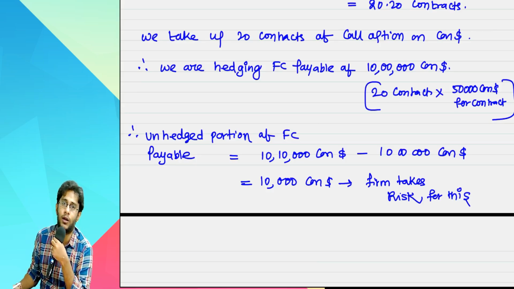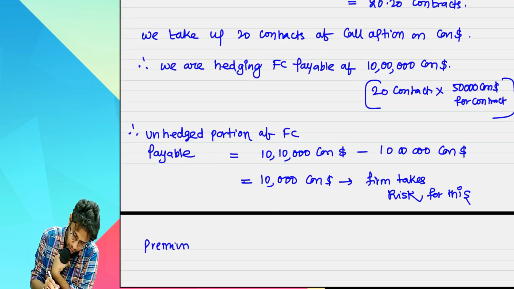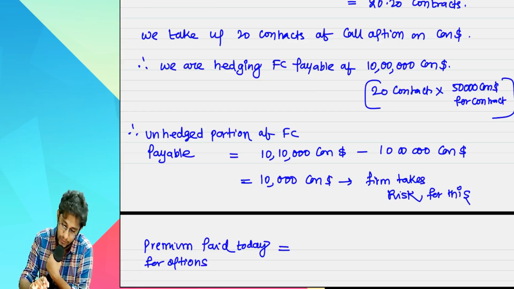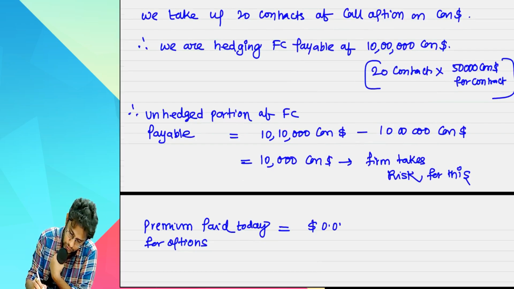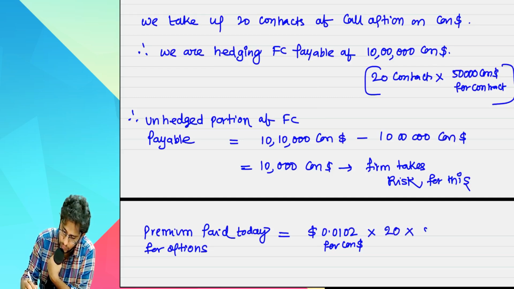Now at this stage, you can work out your premium amount because you know the number of contracts. So, premium paid today for options is equal to 0.0102 dollar per CAN dollar, into how many contracts did you take up? 20 contracts, into each contract there are 50,000 CAN dollars.